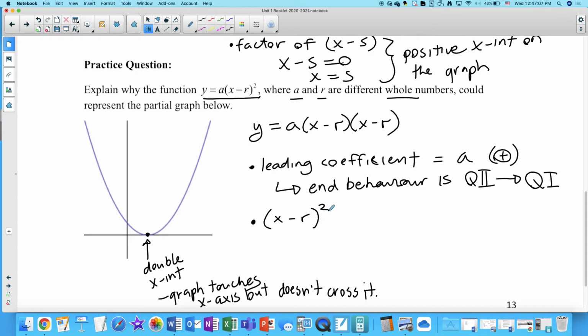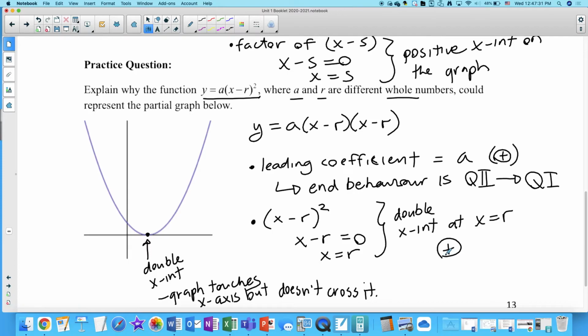But because it's (x minus r) squared, it's a double x-intercept. And that's what we see on the graph. Which is positive, and we can see that this must be positive because it's on the right side of the y-axis.